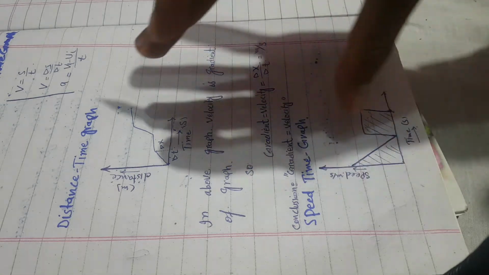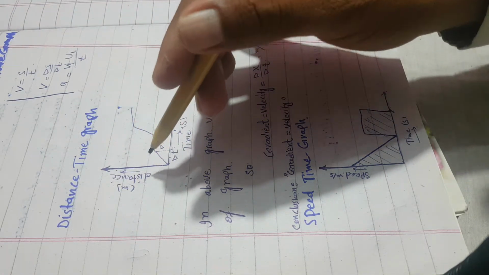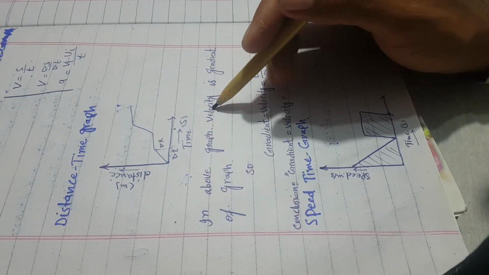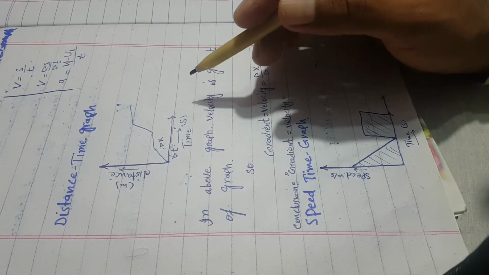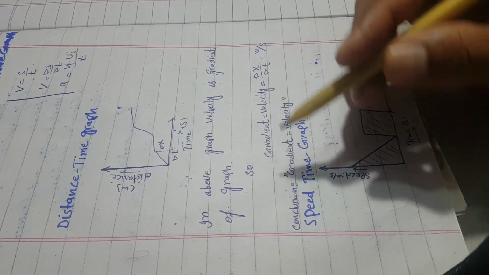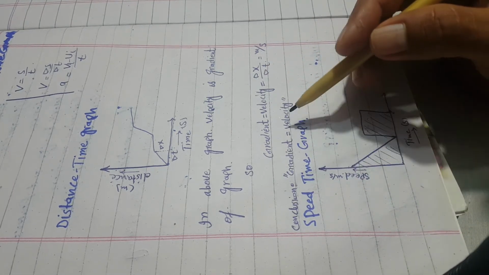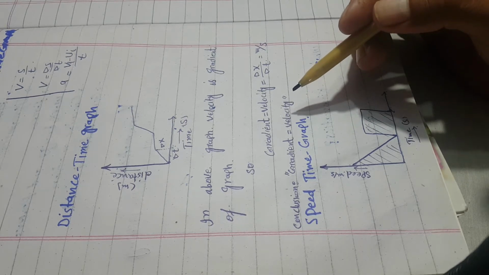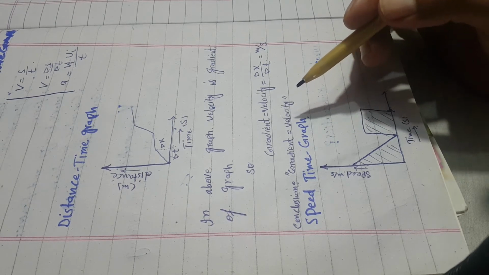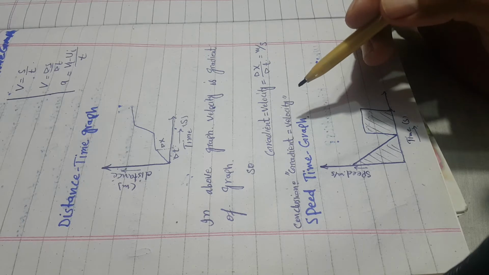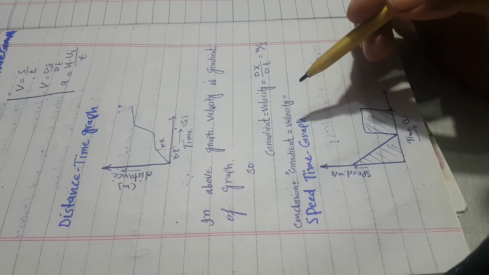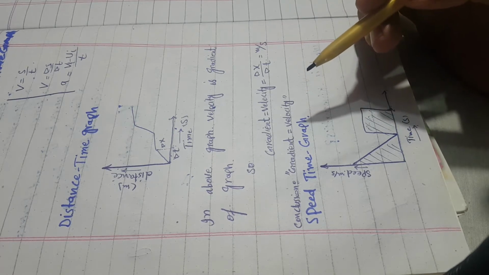So the conclusion from the displacement time graph is that the gradient is equal to velocity. Always remember that in the distance time graph the gradient of the graph is actually the velocity of the object.